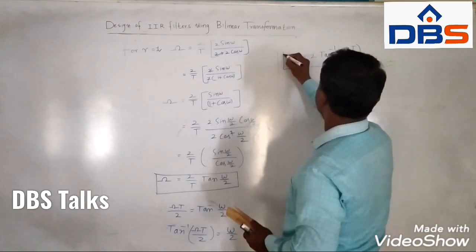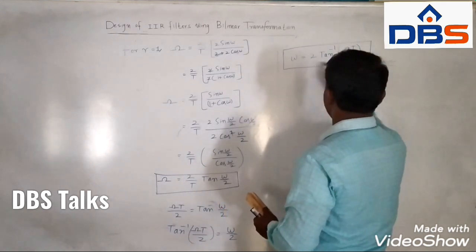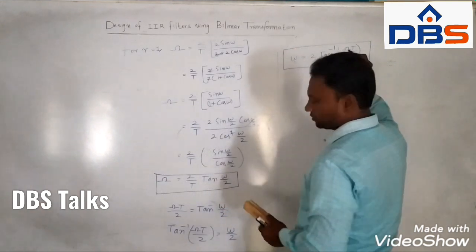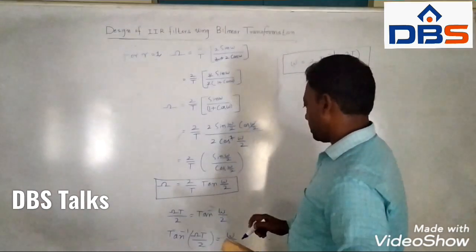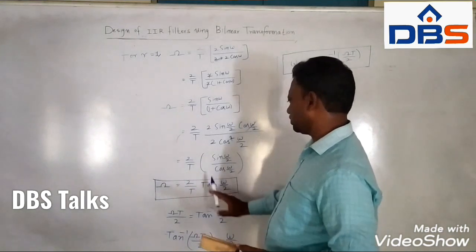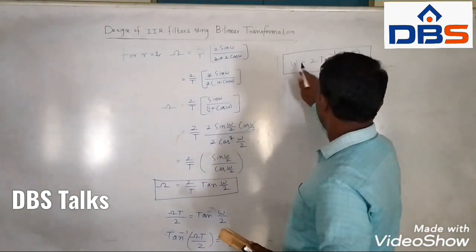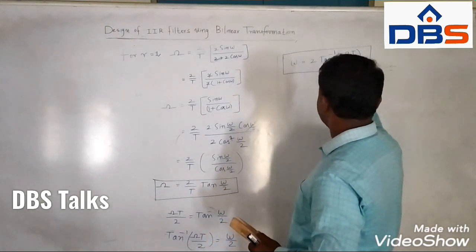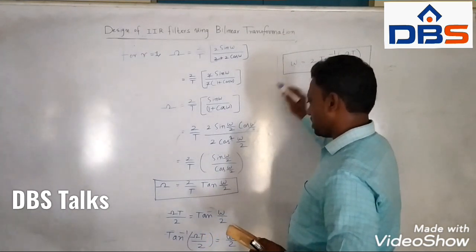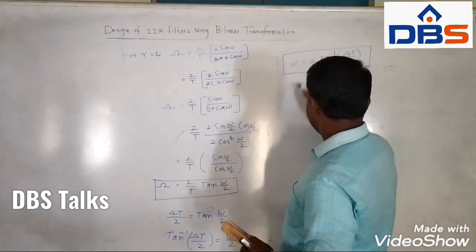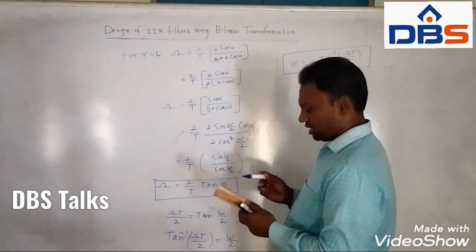Okay, this relation gives the digital frequency in terms of the analog frequency, and both are the same only. If you want to get the omega value from this analog frequency, you can use this relation, and this relation is important for us.